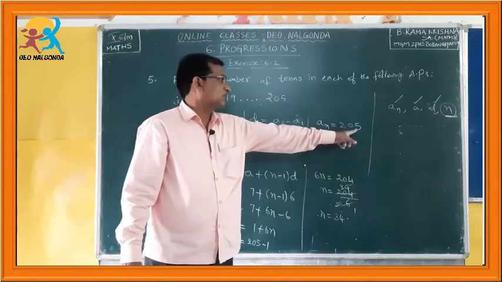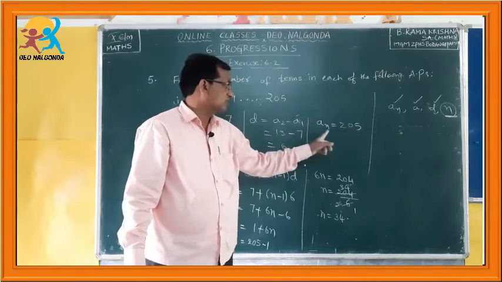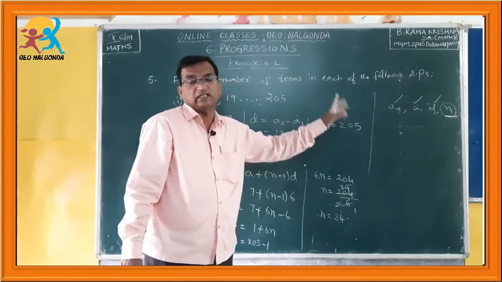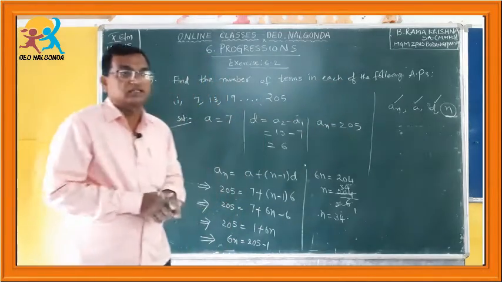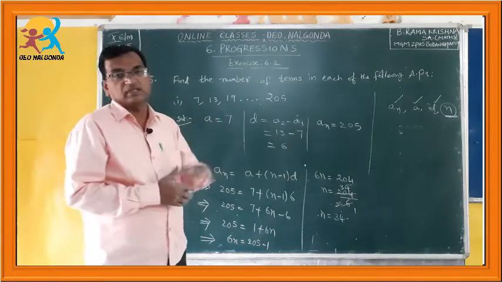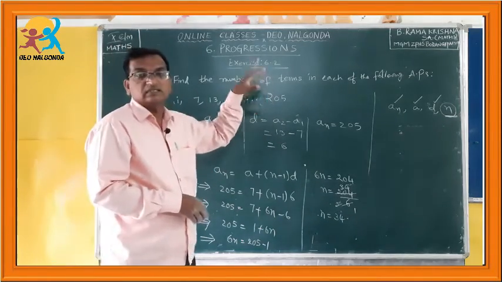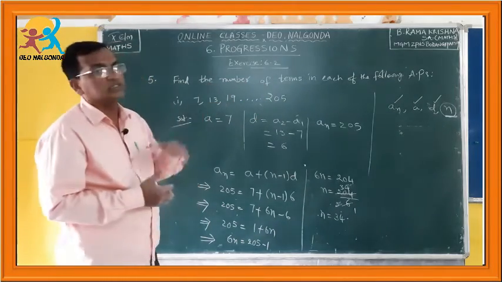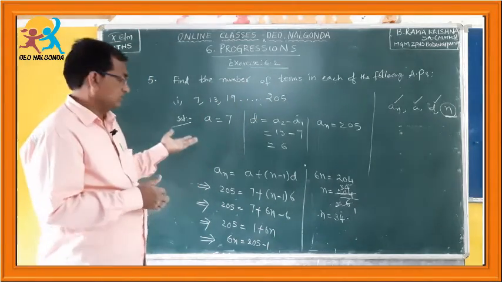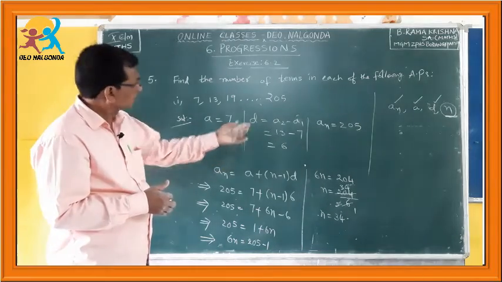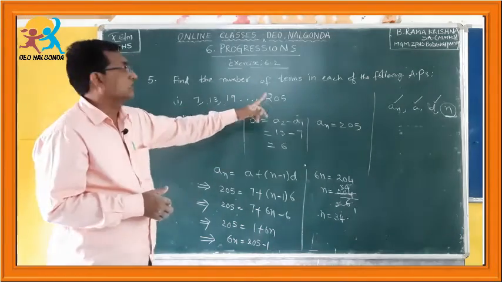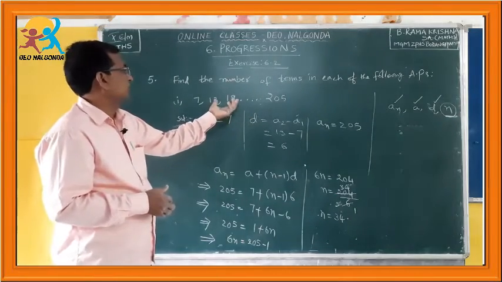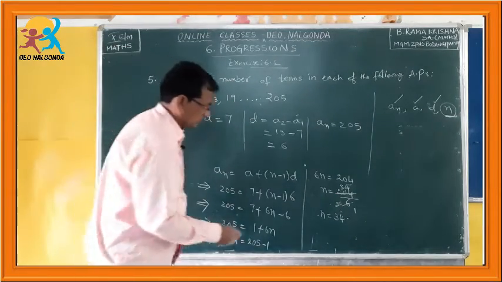It means the 34th term is 205. That means in this progression 205 is the 34th term. Therefore, we can say that the total number of terms in this progression is 34.